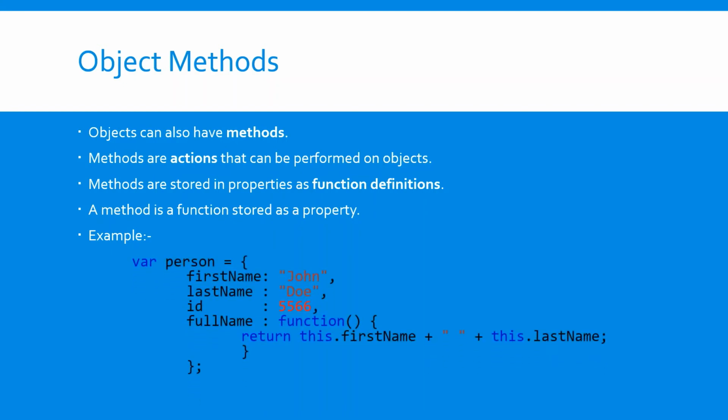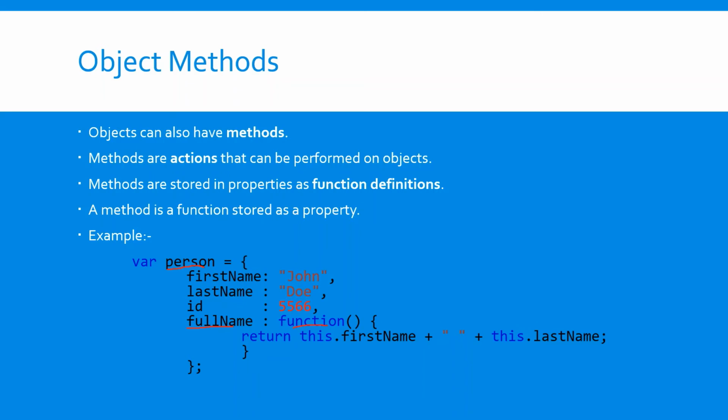So as you can see here, we have constructed an object named person, and that object contains many properties such as first name, last name, ID, and one of the properties is full name, which is a function.